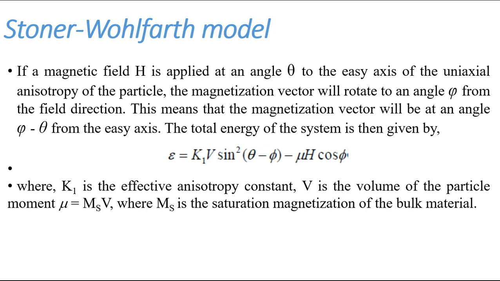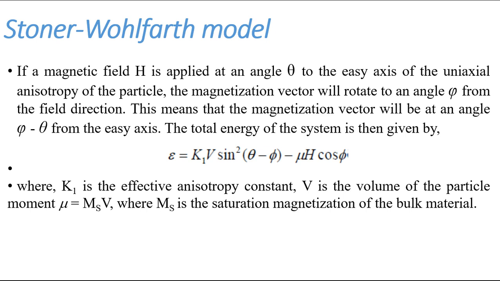The total energy of the system is given by equation 1, in which the first term includes K1 V sine squared of the angle, where K1 is the effective anisotropy constant of the material, so this term is related to the anisotropy of the material.